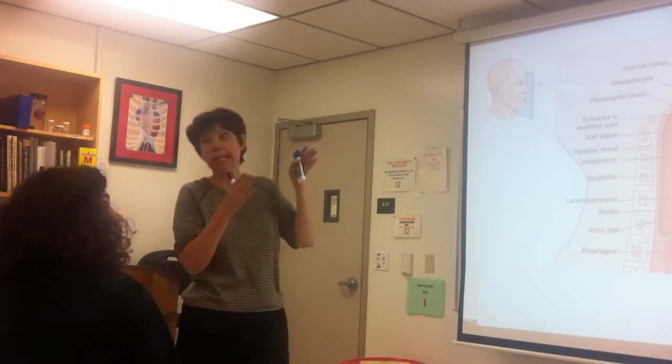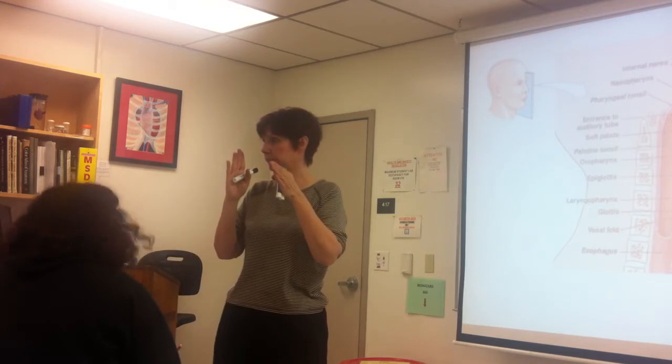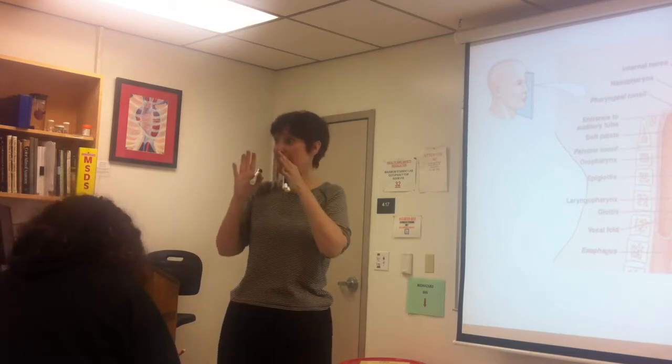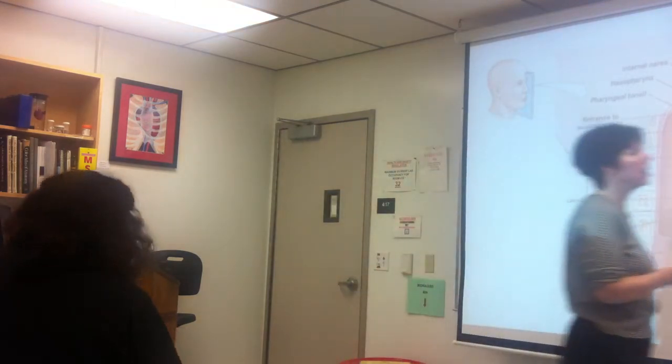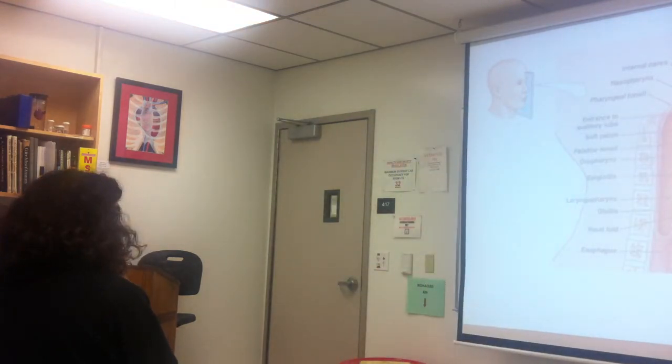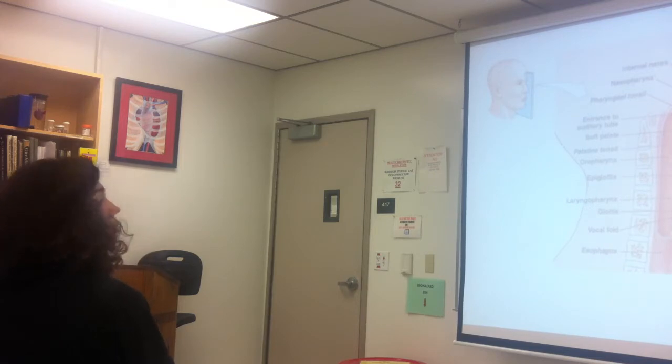Now, what we don't see here is the nasal septum, because that's midline, and the ethmoidal air cells would be above that. So, what two bones form the nasal septum?